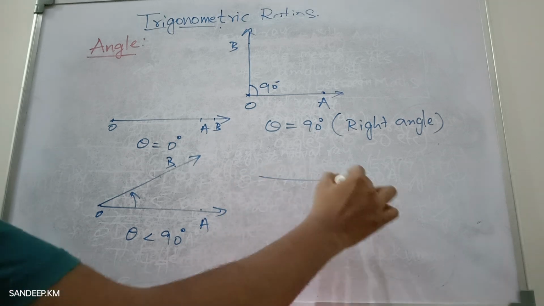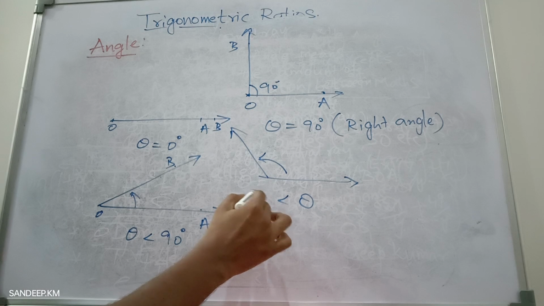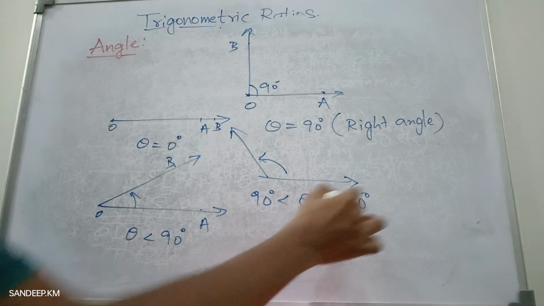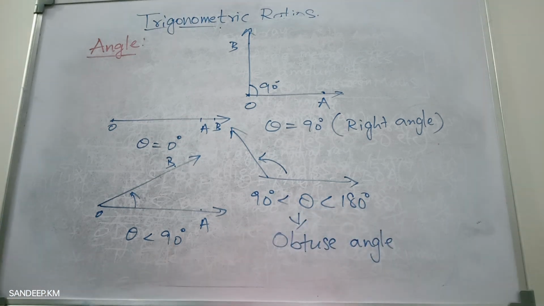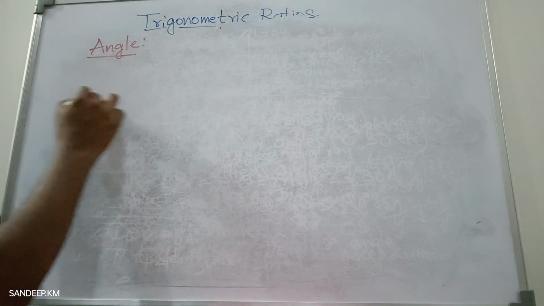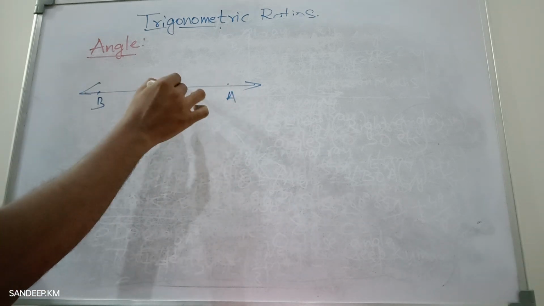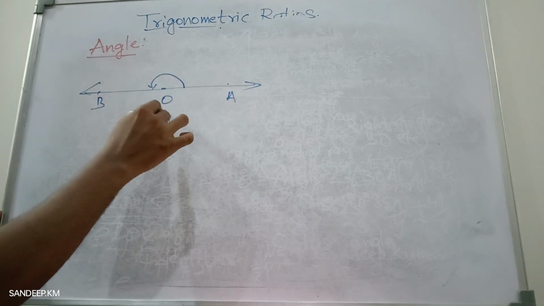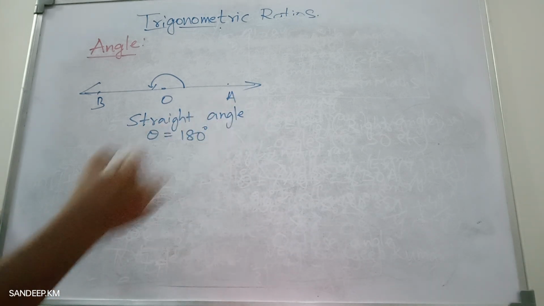If the angle is greater than 90 degrees but less than 180 degrees, then we call it an obtuse angle. All these definitions about angles and types of angles we have learnt in the 9th standard lines and angles chapter. I hope all of you remember it. Next, this angle is a straight angle, so theta is 180 degrees here.